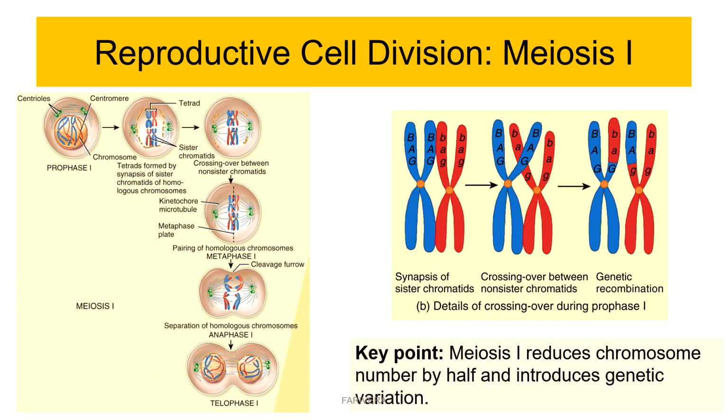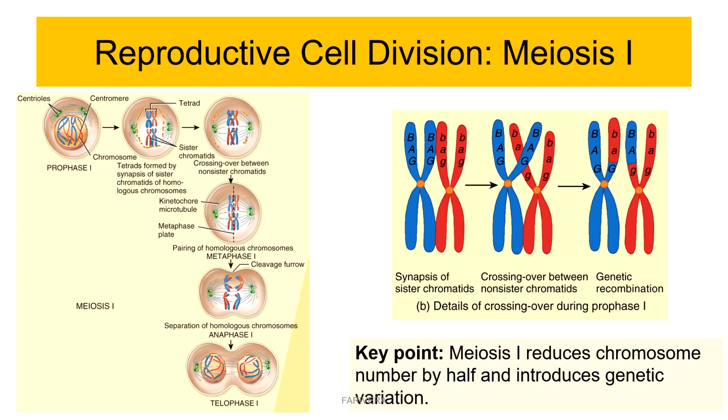Okay, so we now move from somatic cell division to reproductive cell division. This is called meiosis. Under somatic, we call it mitosis. Now for reproductive cells, it is called meiosis. Meiosis 1 is known as the reduction division. Its major purpose is to reduce the chromosome number by half.